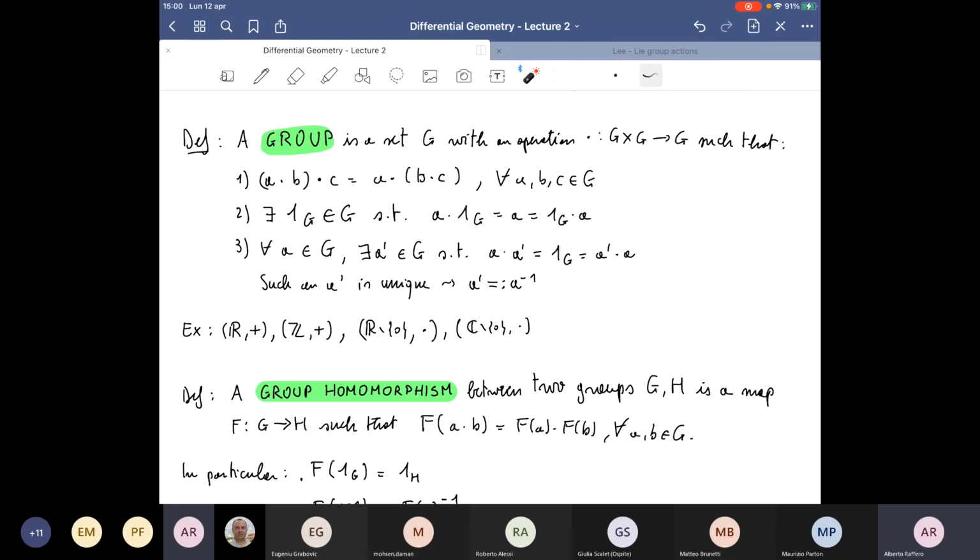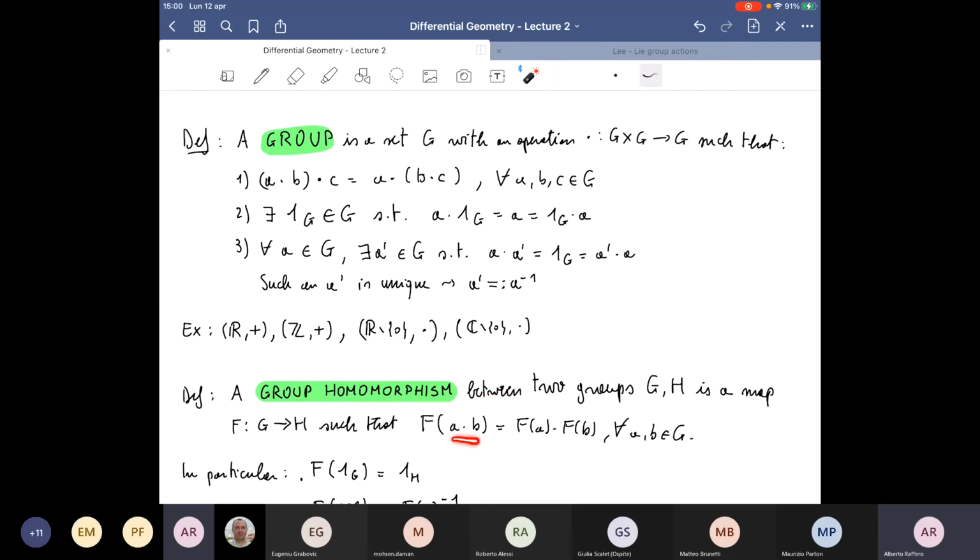And a group homomorphism between two groups is just a map between the two groups that preserves the operation that you have on the group. So here we will have a product on G, we will have a product on H, which are two groups. And so you call a map between these two groups a group homomorphism if it preserves the group structure.